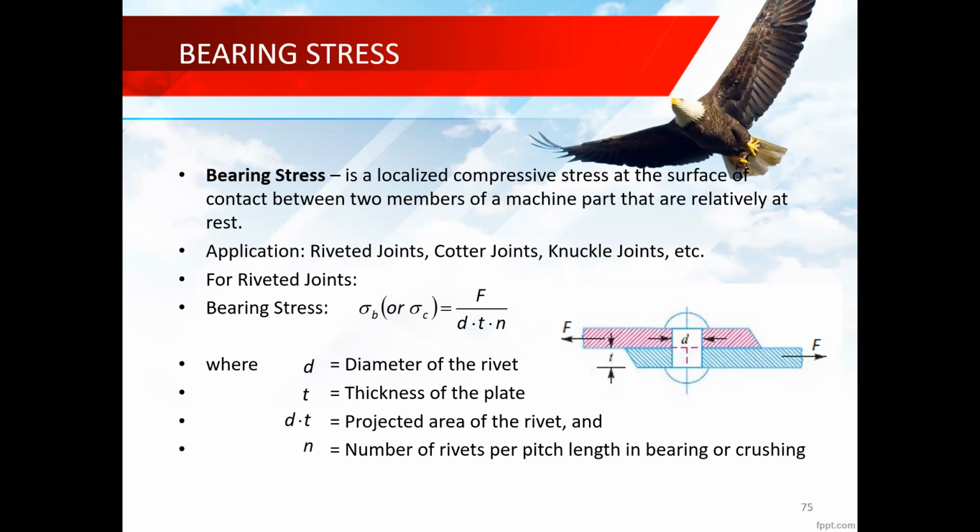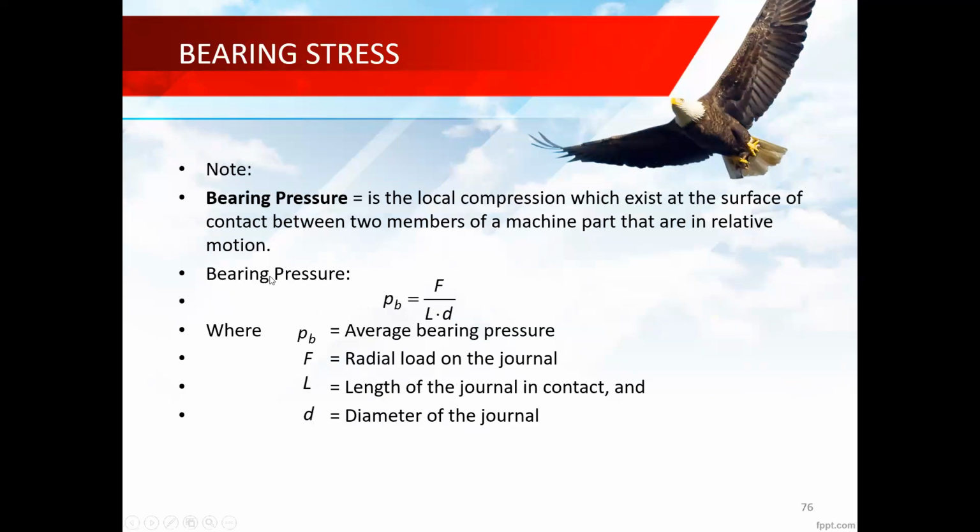So d t is the projected area of the rivet, and n the number of rivets per pitch length in bearing or crushing. Note, bearing pressure is the local compression which exists at the surface of contact between two members of a machine part that are in relative motion. So when it is moving, that is pressure. When it is steady, that is stress.